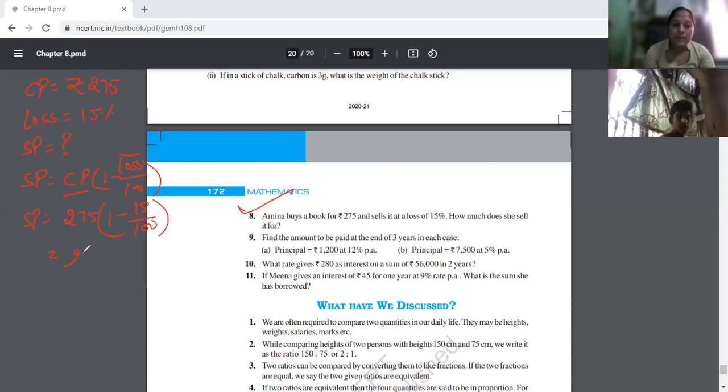275, 5 3s are 15, 5 2s are 10. It is 275 into 85 upon 100, which is 17 upon 20.